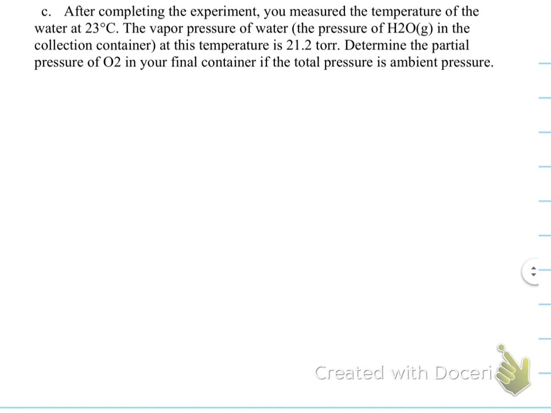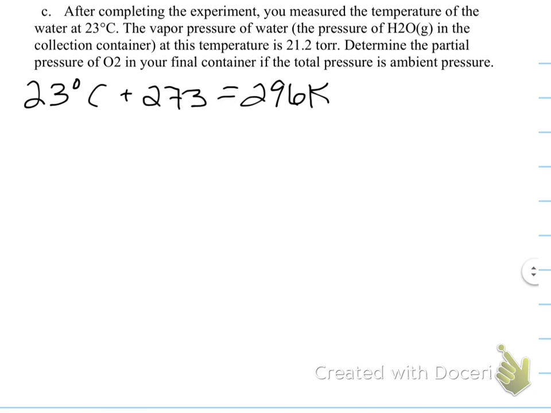Okay, so let's continue with stuff. Okay, so when we've done the experiment, we measure the temperature at 23. I'm probably going to need to convert that, so I'll do that right away. So 23 plus 273 is 296 again. Apparently that was the popular temperature in the lab. It says the vapor pressure of water, so that's the partial pressure due to water, equals 21.2 torr.